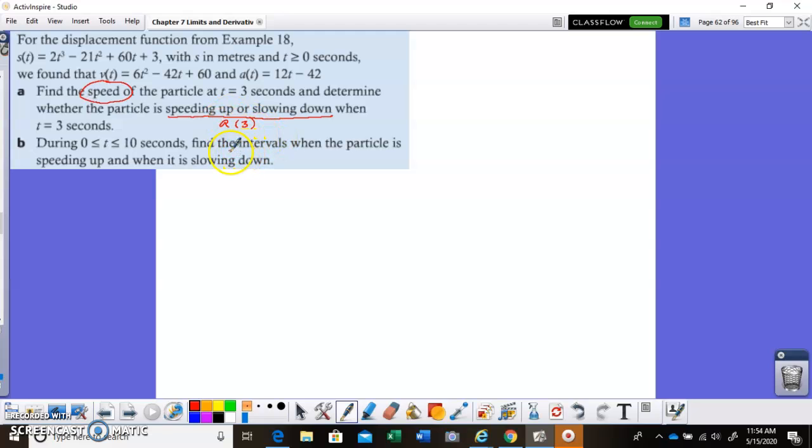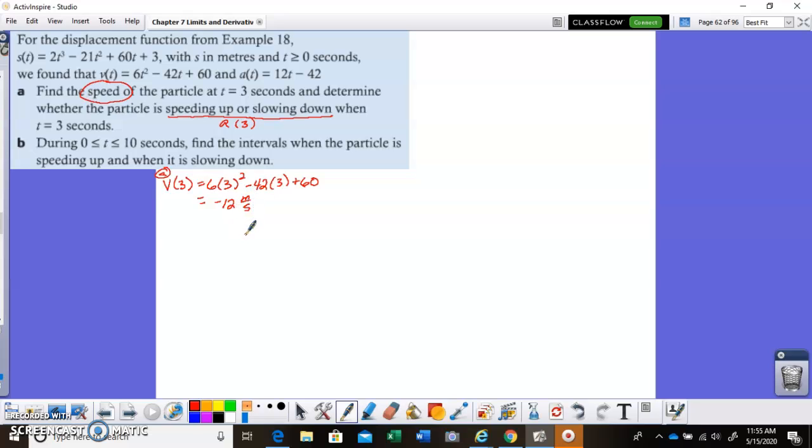Okay, so if we find the velocity at 3 seconds, for part A, the velocity at 3 seconds is equal to 3 squared minus 42 times 3 plus 60. We get that the velocity at 3 seconds is negative 12 meters per second.